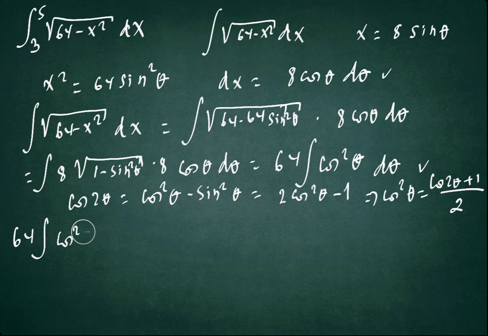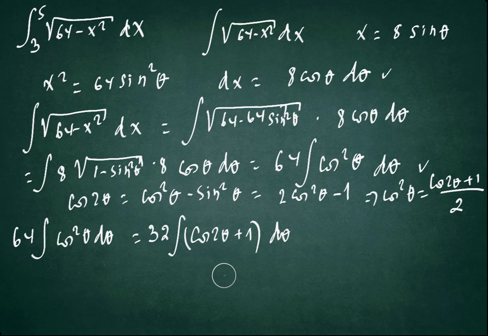So 64 times the integral of cosine squared theta d theta is equal to 64 over 2, which yields 32, times the integral of cosine 2 theta plus 1 d theta, correct?